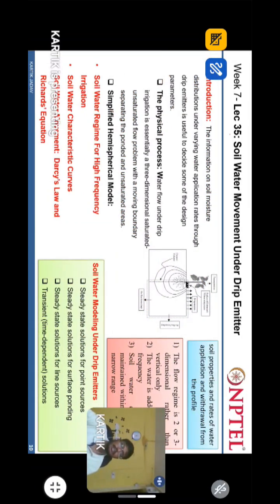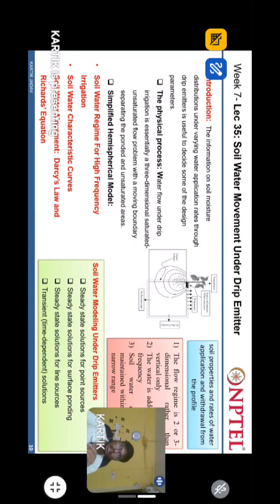And next to that, in week 7, we have also discussed the soil water movement and the drip emitter. As I discussed earlier, the water movement in the traditional irrigation system and in the drip, micro irrigation system is totally different, because the fundamental difference is the water movement. In the traditional irrigation system, we are ponding the soil surface, right?